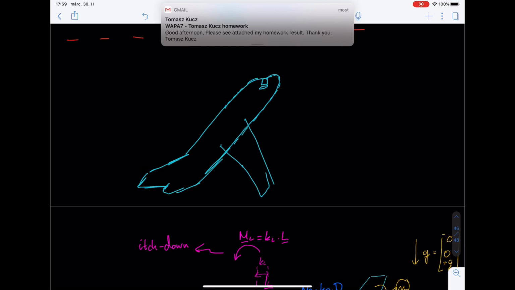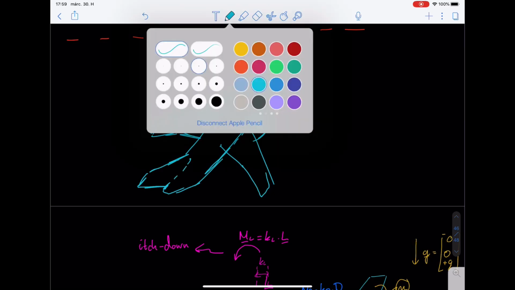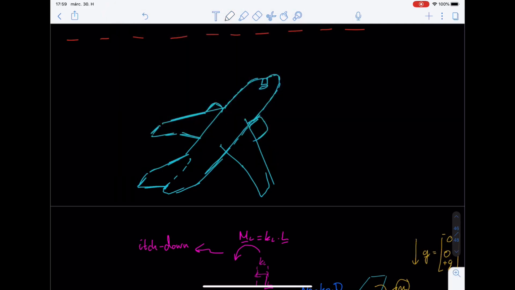Some homeworks are coming in. Okay, so there you have the airplane. And let's say somewhere here you have the center of gravity. And here you would have, of course, the longitudinal axis.